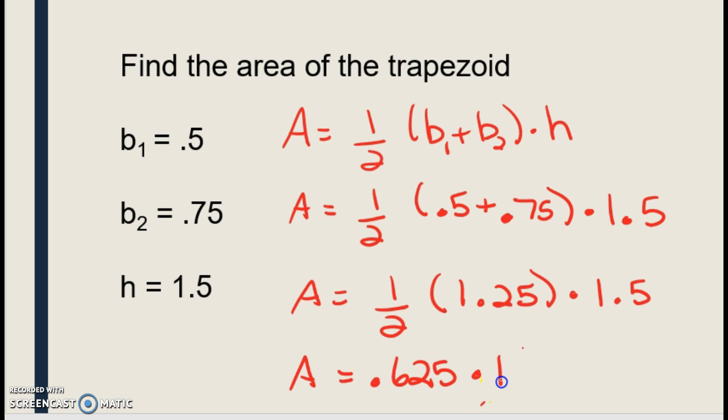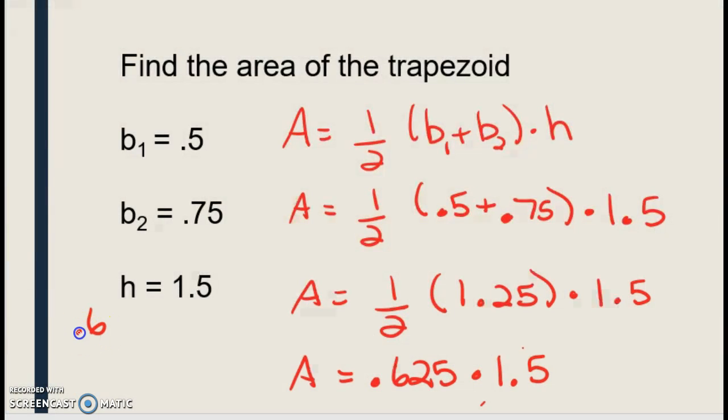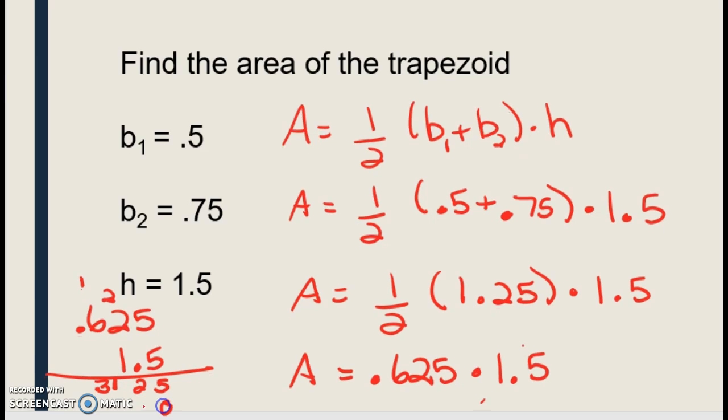0.625 times 1.5. Now we need to do that multiplication. Remember, we do not line these up. We move them as far to the right as possible. That's 30, so 31, 0, 5, 2, 6.